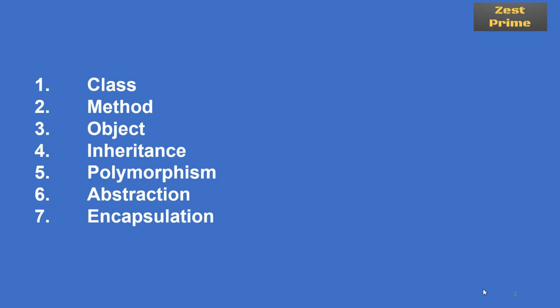In case you have not visited my previous videos, I recommend you go and visit them, then come back to the subsequent videos, so that you will get more idea. The first 3 items we have already discussed: what is a class, what is a method, and how to create an object, including what keyword we use when creating an object.